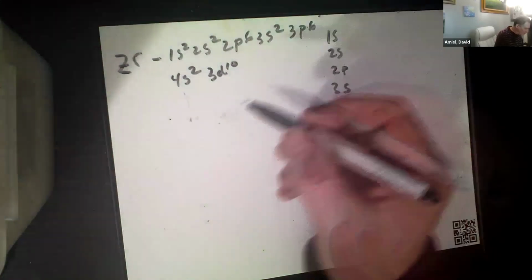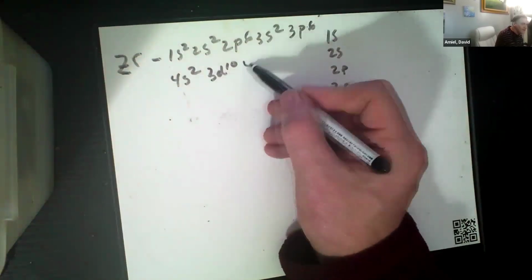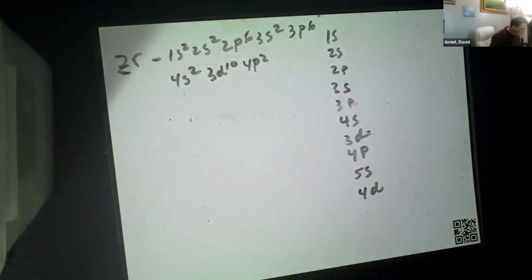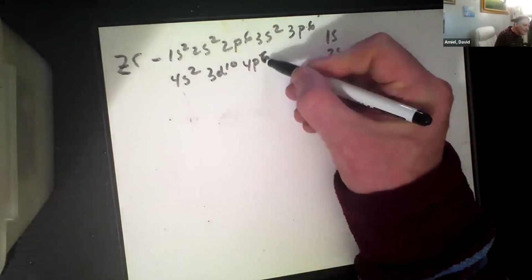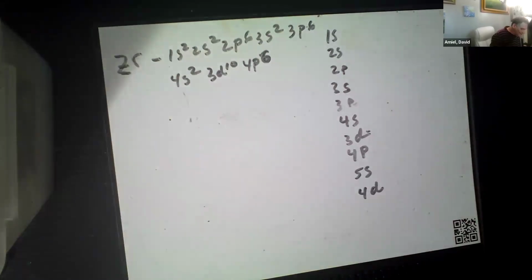After 3d comes the 4p. And hold on a minute here. 4s2, 3d10, and then 4p6. P's only hold 6. And that, look at that.